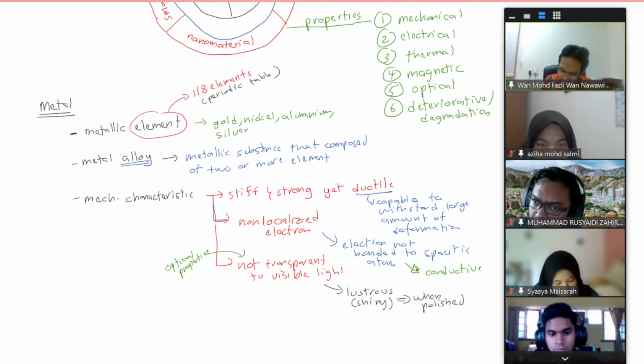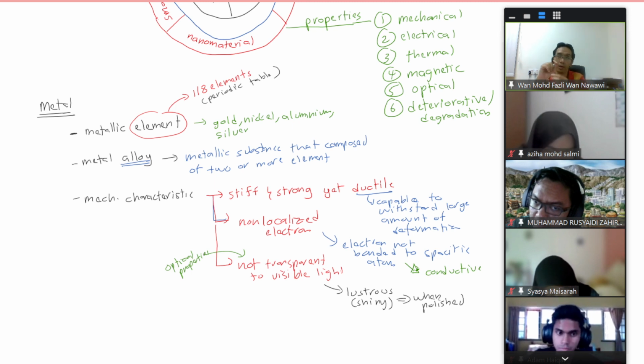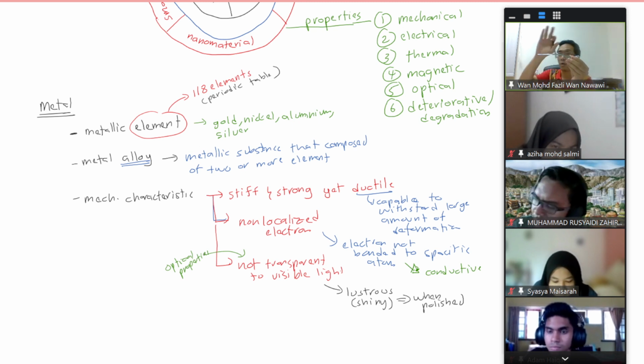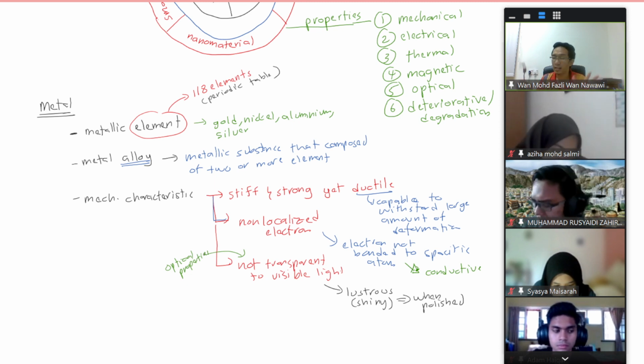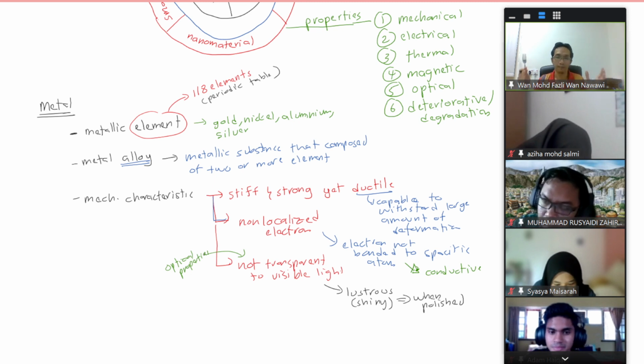The reason why metal is not transparent we will discuss later, but it has something to do with grain boundaries, because inside metal there are atoms, and of course the atoms have boundaries here and there. Because inside metal there are a lot of grain boundaries, it becomes opaque. But we will go into detail later when we discuss metals only. This is a generic overview for all. By the way, if you have a question, feel free to stop me and say you have a question.